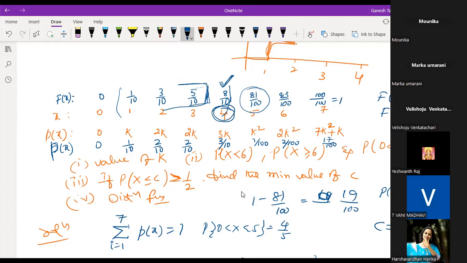Okay, so now coming to the continuous random variable.